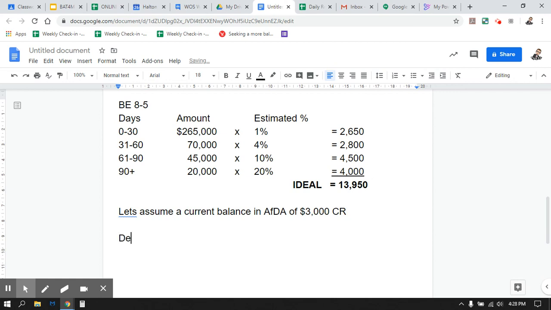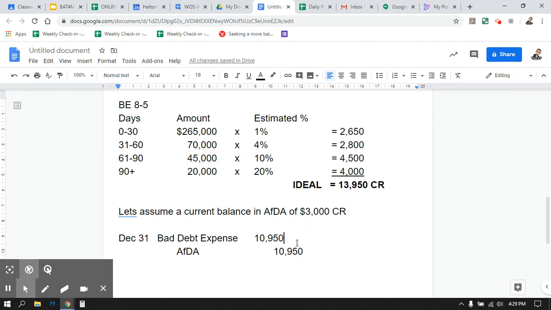In that case, the adjusting entry would be to get the $3,000 credit balance to $13,950. I'm going to adjust or credit AFDA for $10,950. And then I'm simply going to debit bad debt expense for the same amount. So that's how to calculate the bad debt expense adjustment at the end of the year.